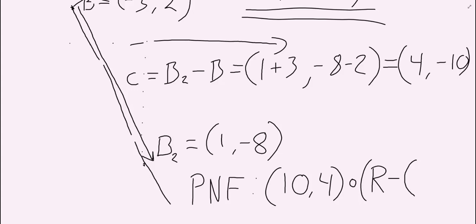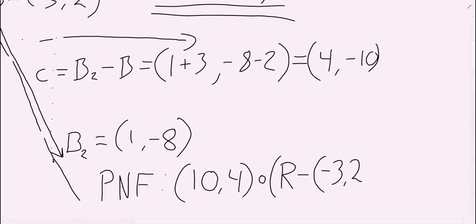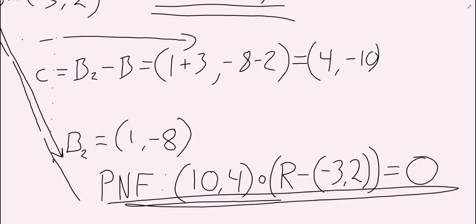We're centering this around point B, so minus 3, 2, equals 0. So that's our point normal form, which is the answer to the question.